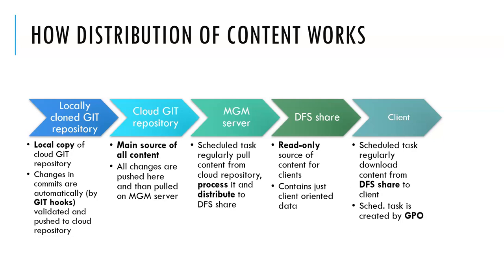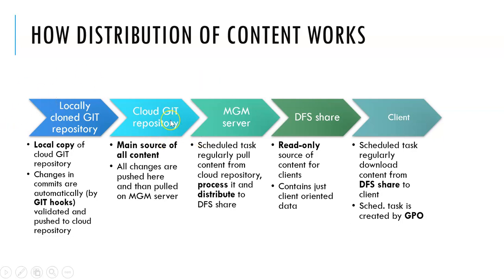Then you have a locally cloned Git repository. This is a local copy of the cloud Git repository, which will be located on your admin's workstations, and from there you will make commits and changes to repository data. Thanks to Git hooks, these commits will be automatically pushed to the cloud Git repository.